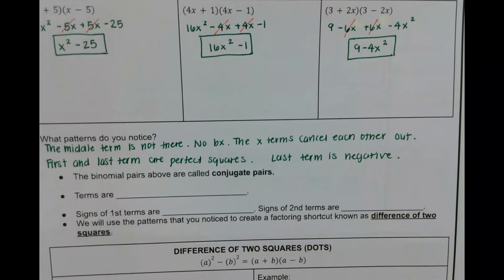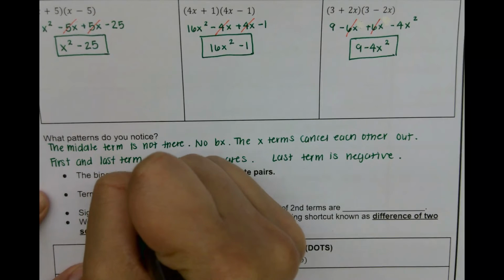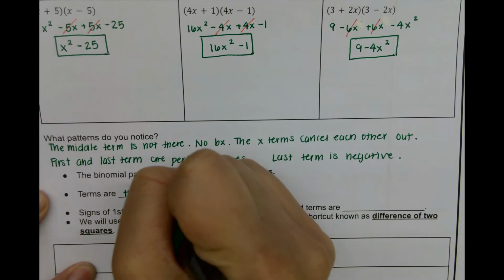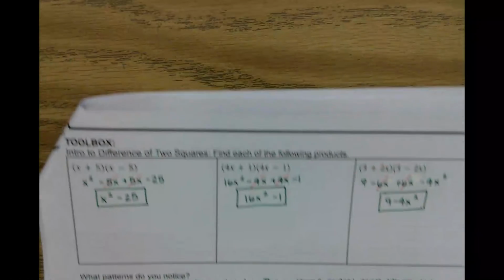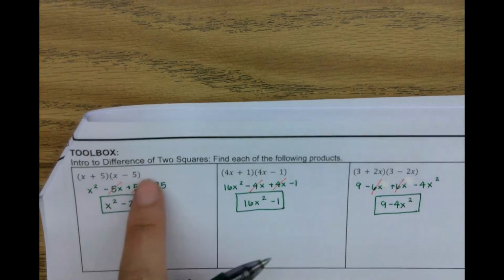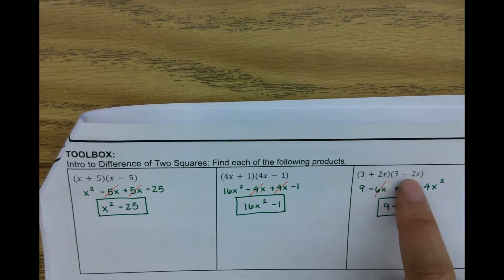These binomial pairs above are known as conjugate pairs. What we should notice is that the terms are the same: x and 5, x and 5, 4x and 1, 4x and 1, 3 and 2x, 3 and 2x.